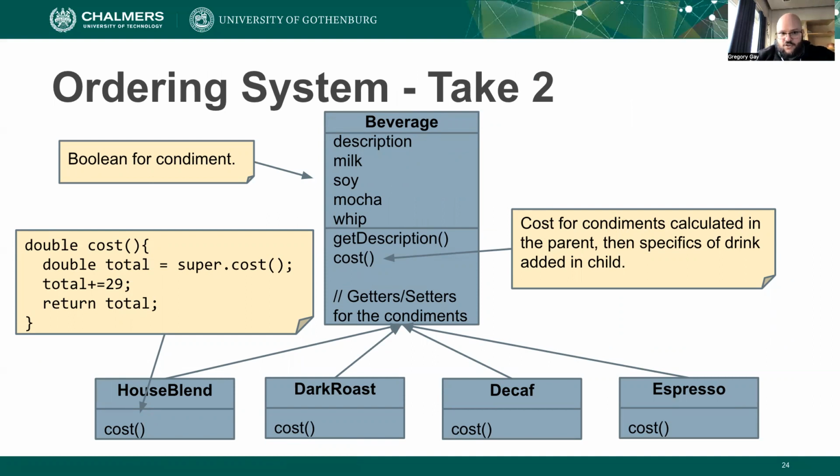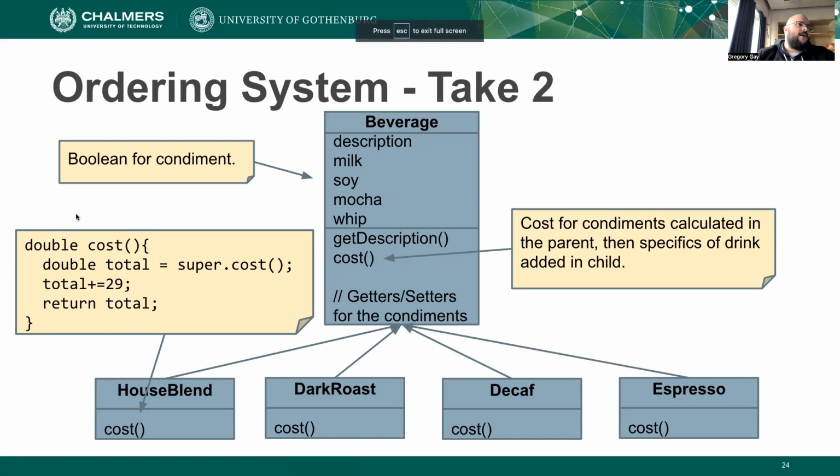So take two. Here's what we've got. We have Boolean values for each condiment. Okay. And instead of leaving cost abstract in the parent, we go ahead and calculate the cost for the condiments in the parent class. And then we add whatever the concrete amount is for this coffee.